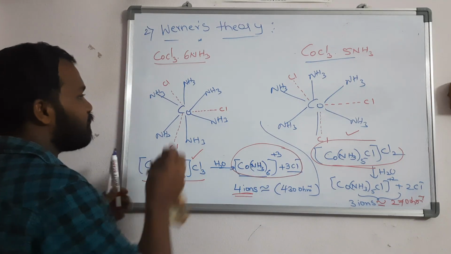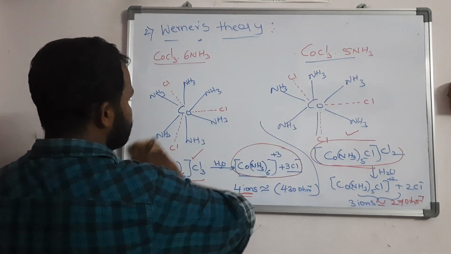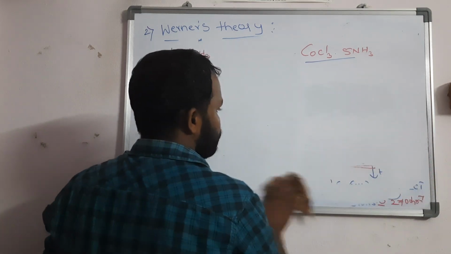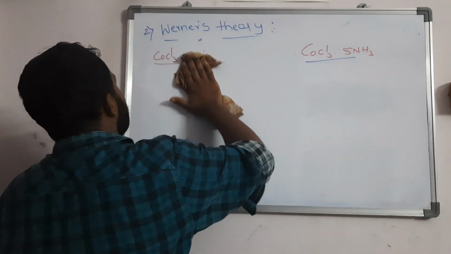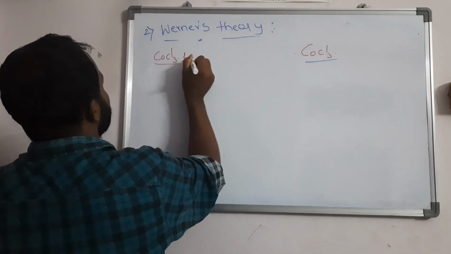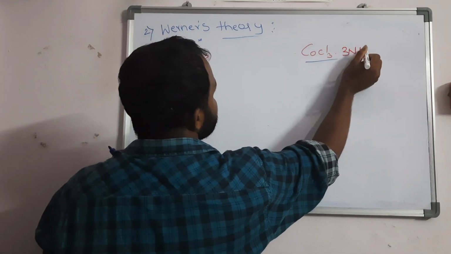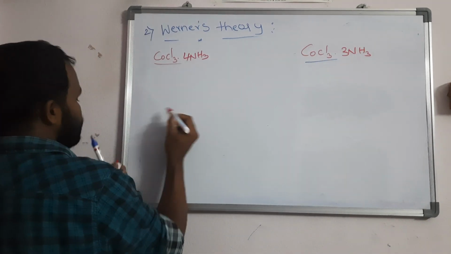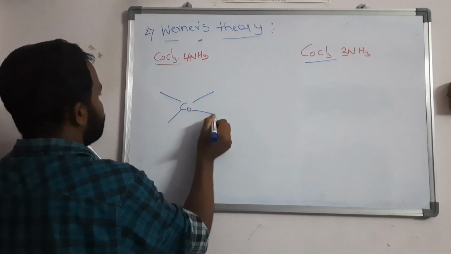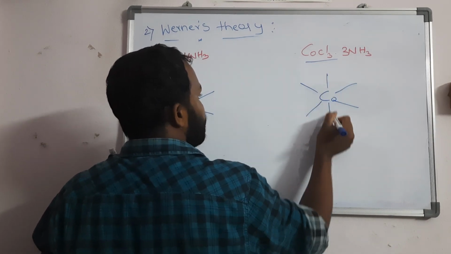Next, a few more examples: CoCl3·6NH3 we saw, 5NH3 we also saw. Next is CoCl3·4NH3 and CoCl3·3NH3. Like this, if I take cobalt, here also the same cobalt, octahedral.